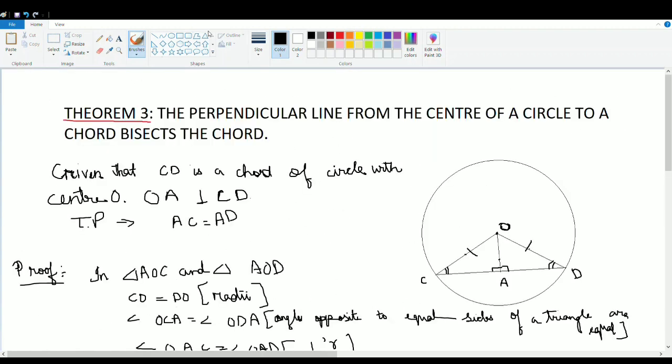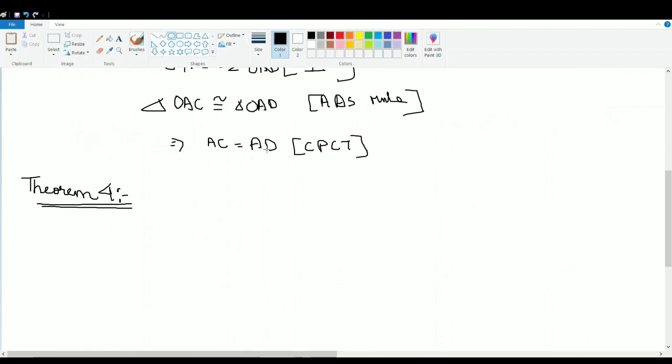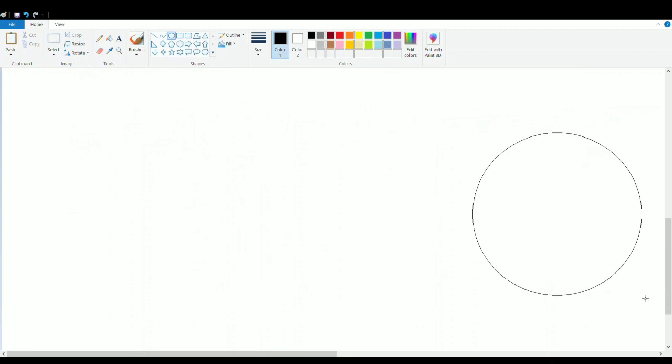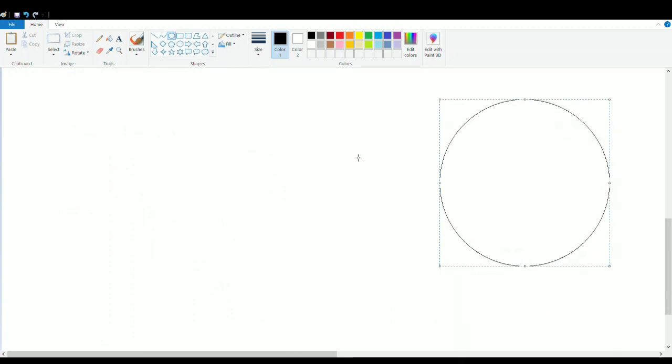Okay, let's do another drawing. Let's draw another circle. We can consider a chord here again. This is the center, let's say this is O. Let's join this.